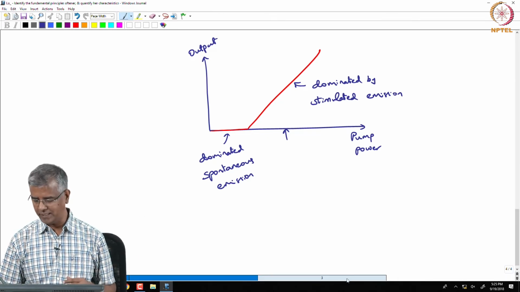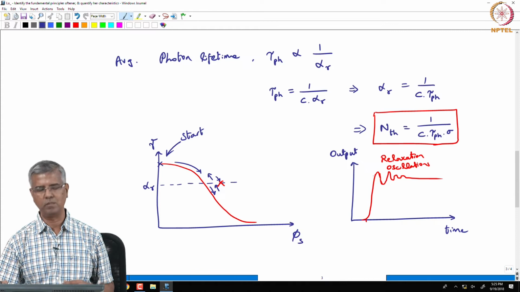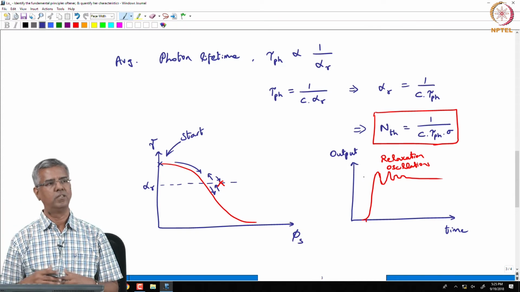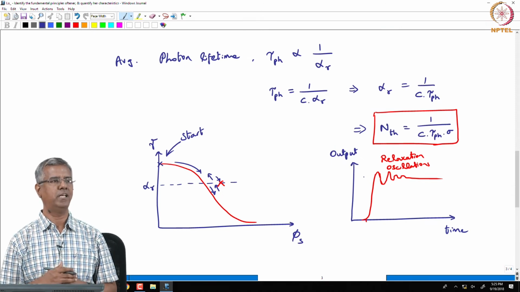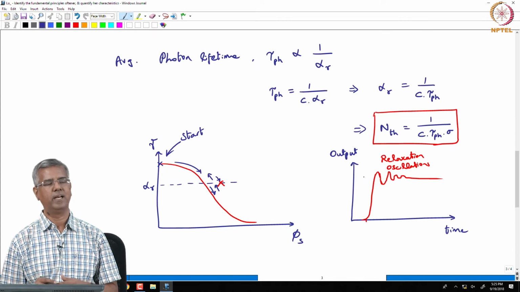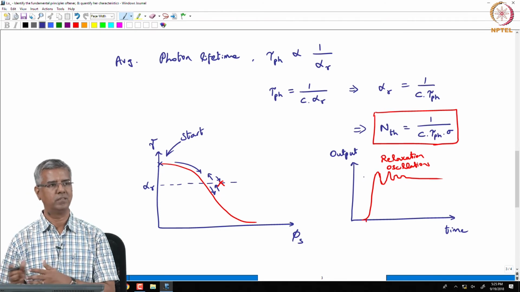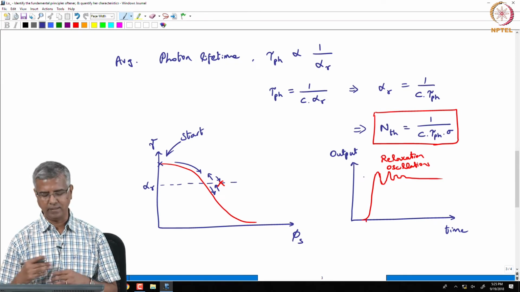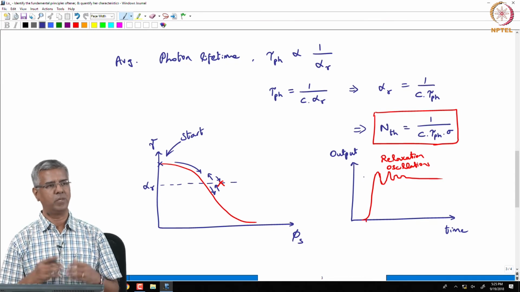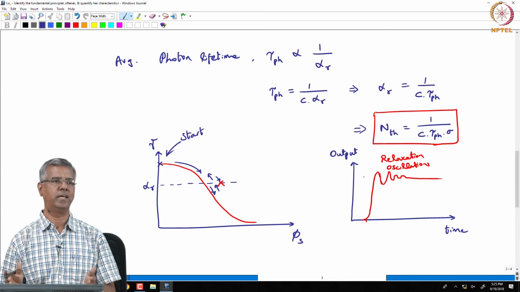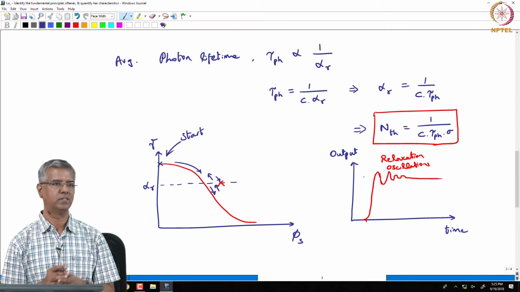So, there is a finite time over which the photons build up, and as they build up to a high enough value, they start saturating the gain, right, and because of that the number of photons decreases, and then because the number of photons has decreased, the gain medium is not as saturated, so the gain recovers.